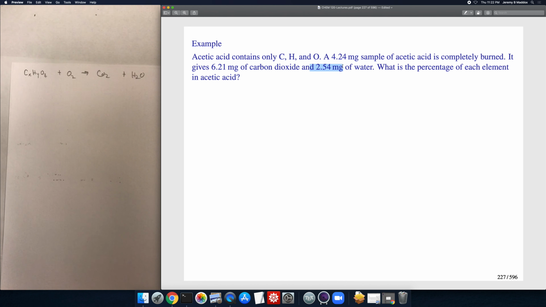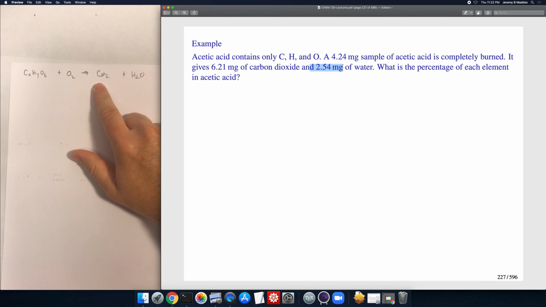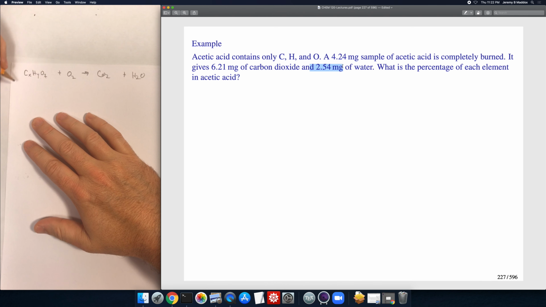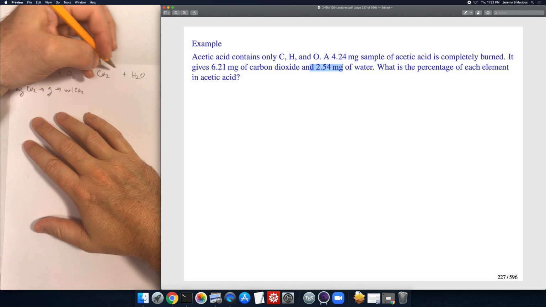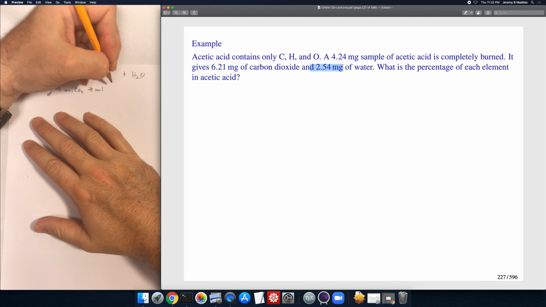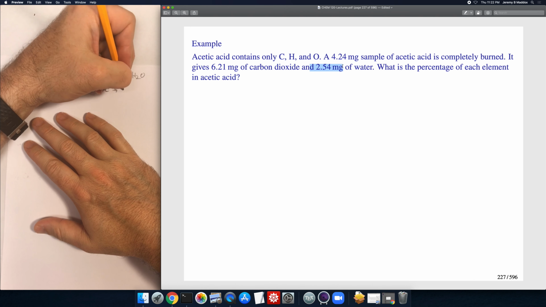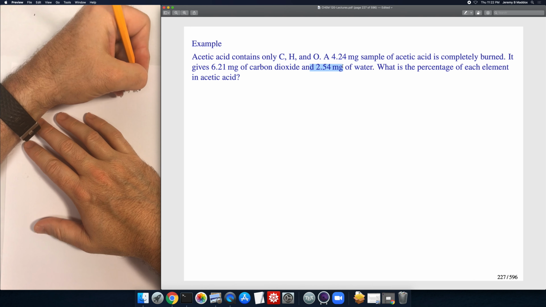So what we need in order to do that is to figure out what is the mass of carbon in the original compound, what's the mass of hydrogen in the original compound. So all of the carbon winds up in the CO2. So what we're going to do is take the milligrams of CO2 that we have, we'll convert it to grams, we'll convert it to moles of CO2, then we can convert it to moles of carbon, and then to grams and milligrams of carbon.